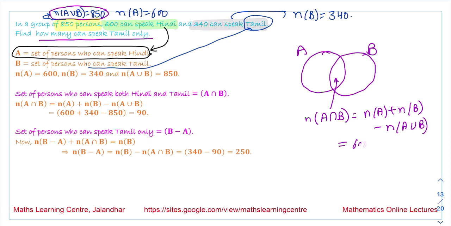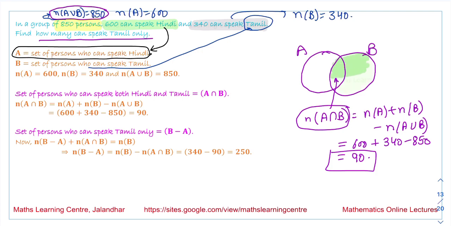On substituting the values, we get 600 plus 340 minus 850, and the answer comes out to be 90. So the number of persons speaking both languages is 90. Now we have to calculate only Tamil.